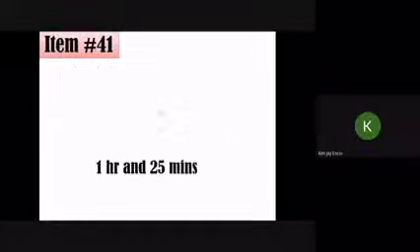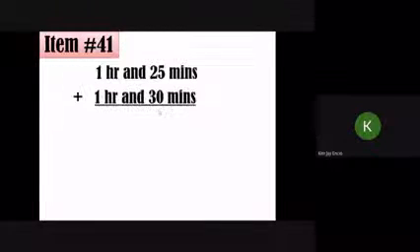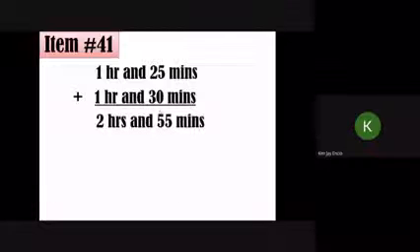So, to solve this problem, it's better if you compute that you have to compute the delay in time and also the travel time. So 1 hour and 25 minutes added to 1 hour and 30 minutes gives us 2 hours and 55 minutes. And so, what are we going to do? Is it 2 hours and 55 minutes after or before the time?